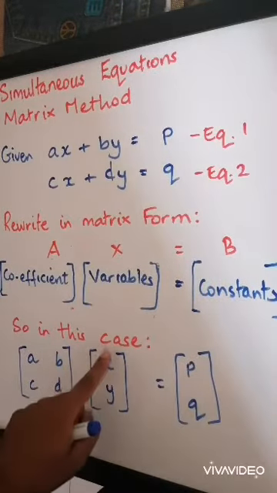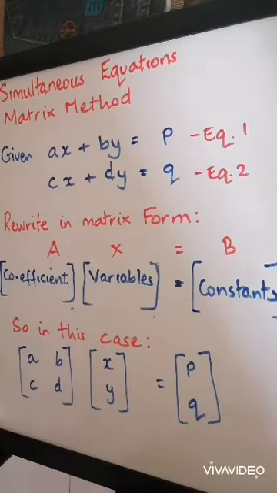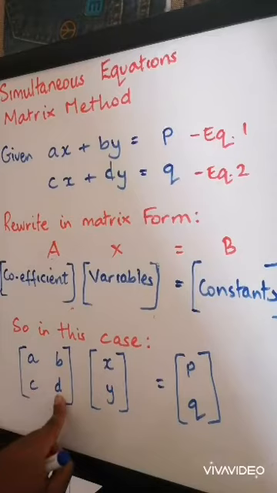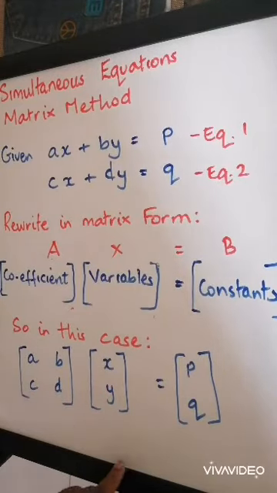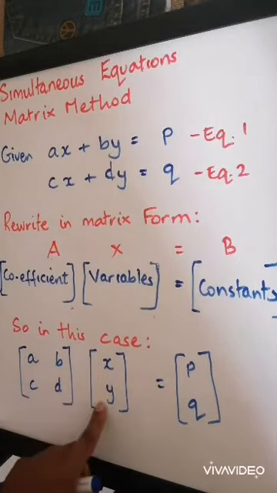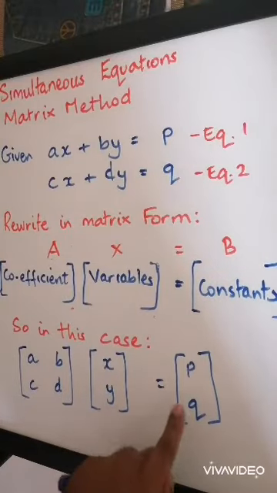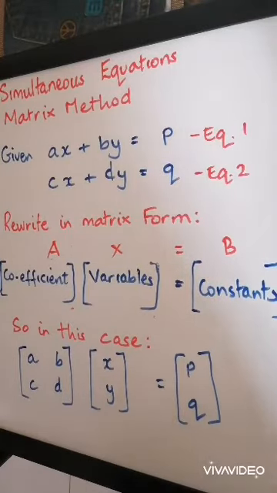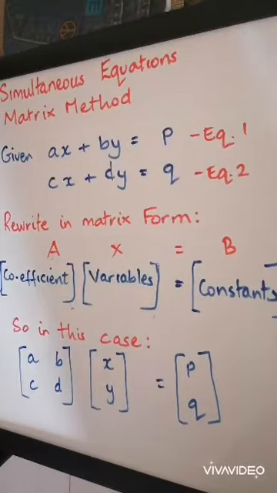So in this case, the coefficient matrix would be the matrix a, b, c, d. The variable matrix would be the matrix x, y, and the constants would be p, q. So this is just a generic form.